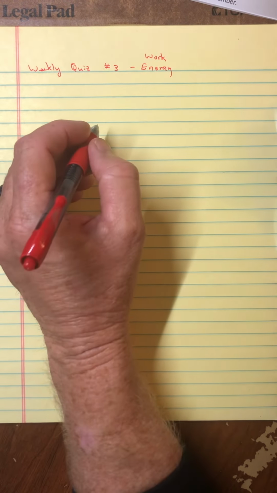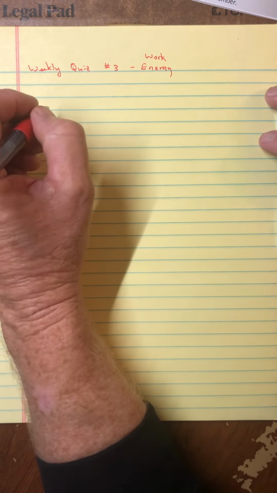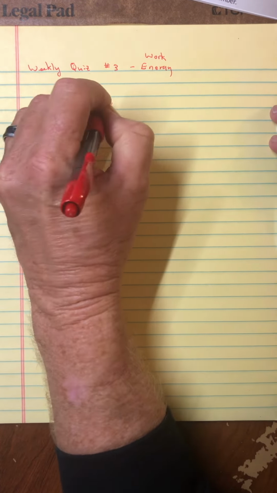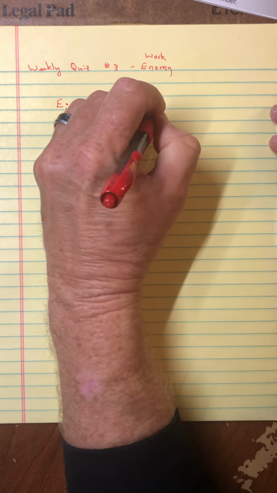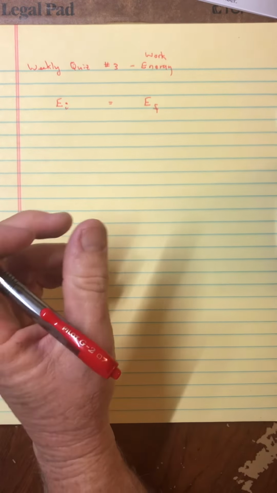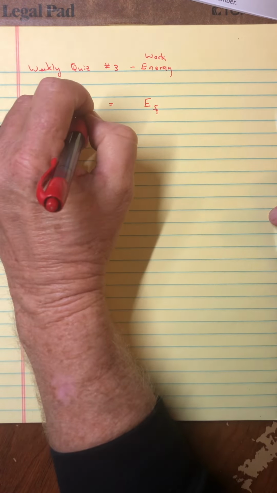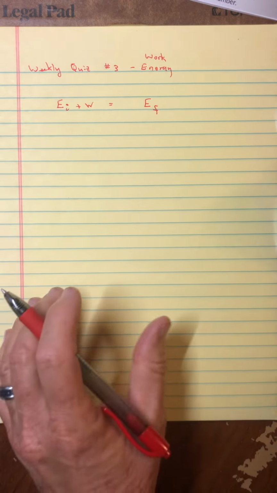So I like to say, remember the principle of conservation of energy. It's a nice principle that simply says if you have an isolated object or objects, the energy you start with equals the energy you end with. And so there's the math behind it. Now, if it's not isolated, then you could add energy by work.